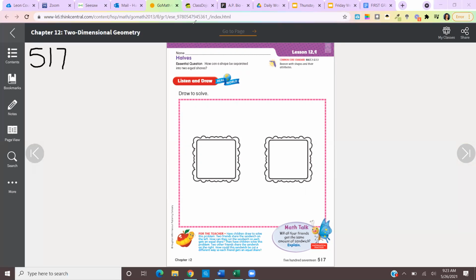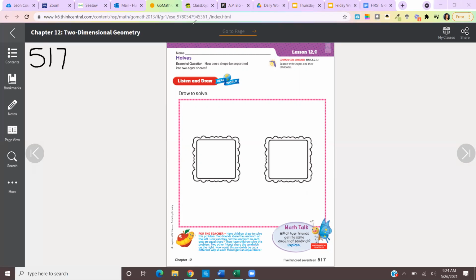Okay, so in this lesson, we're going to be talking about halves. So this is chapter 12, lesson 9. How can a shape be separated into 2 equal shares? 2 friends share the sandwich on the left. How can they cut the sandwich so each gets an equal share?